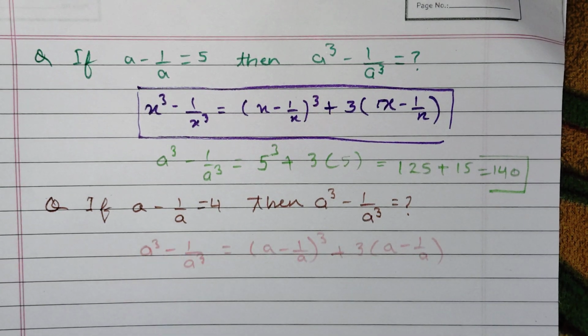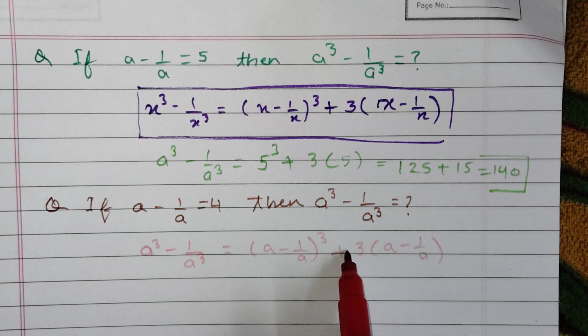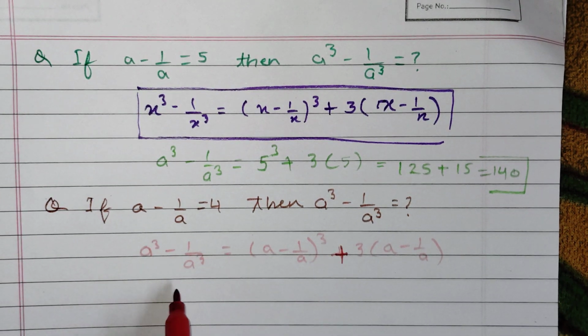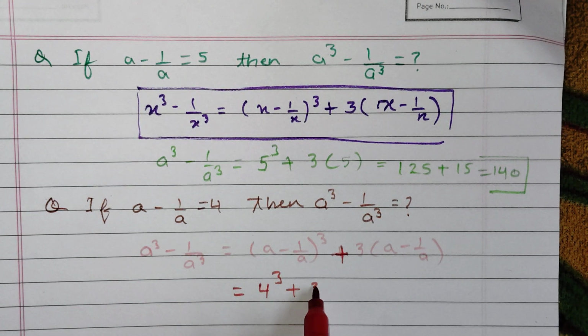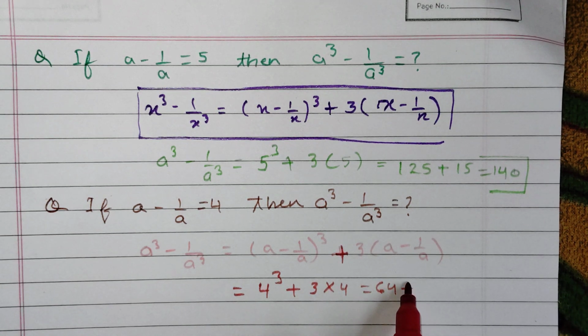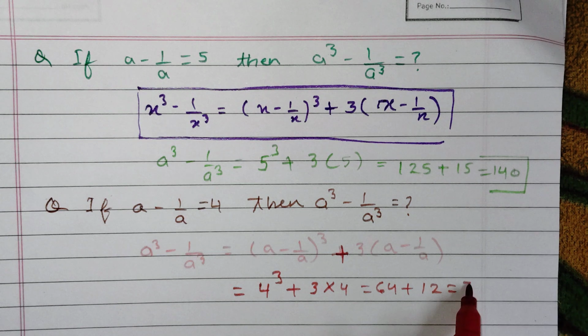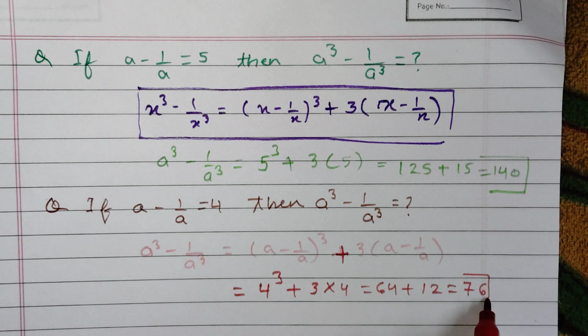Since a cube minus 1 upon a cube has a minus sign, on the other side we have a plus sign. So we replace the value: 4 cube plus 3 times 4. 4 cube is 64, 3 times 4 is 12. It gives us 76 as the answer.